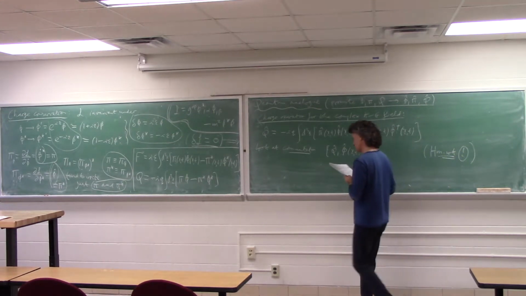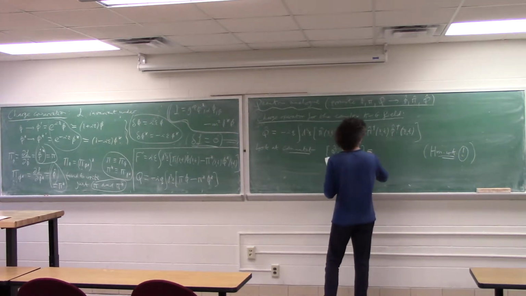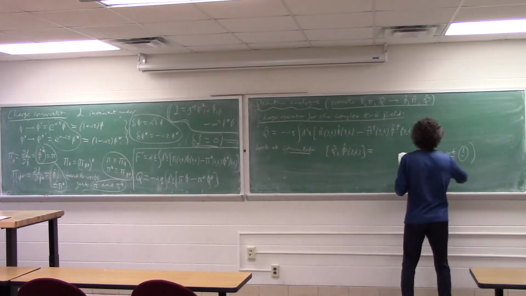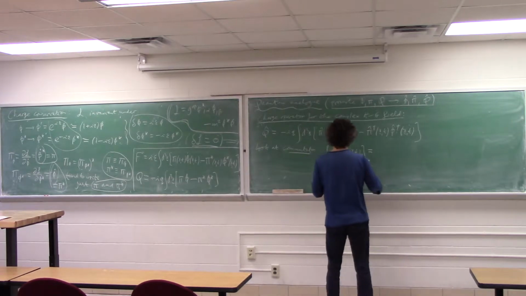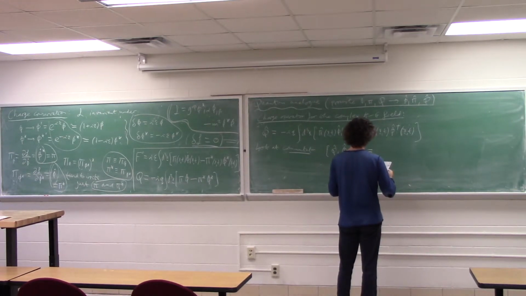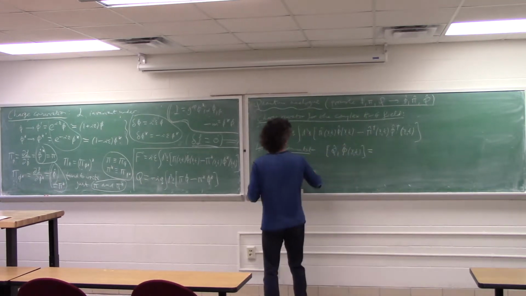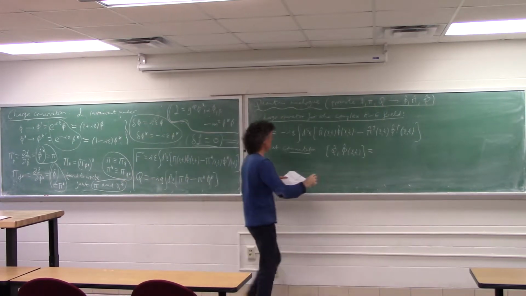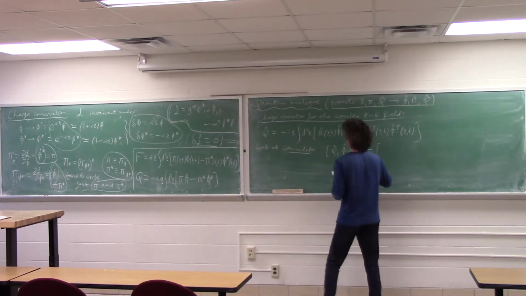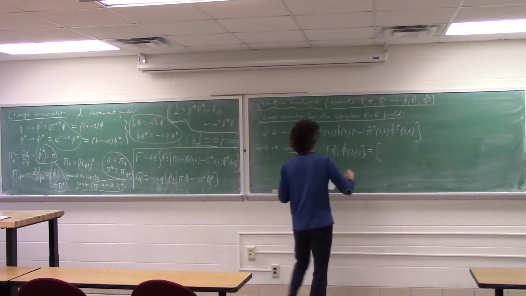You should be able to show, well, let me just write what it is. We're looking at the commutator of, well, let's actually just think about this. Let me help you along a bit.